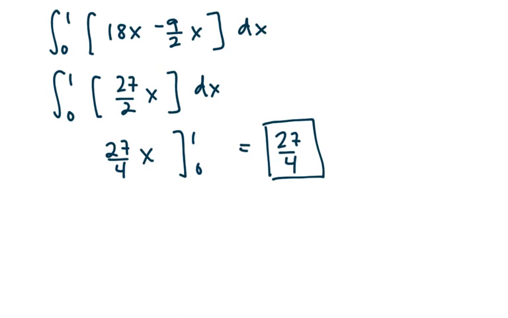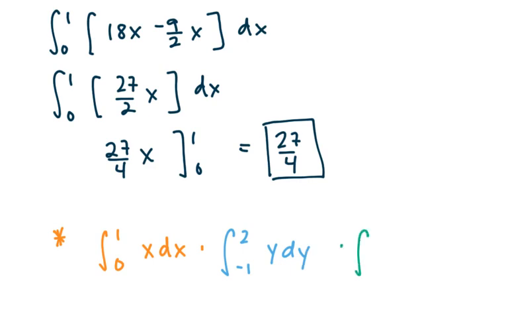We do have a trick we could have used, but this only works where we have these rectangular bounds on all of the sides. So just a shortcut trick, and I think I showed you this in a previous video, but we could have split this up and said 0 to 1 x dx times negative 1 to 2 y dy and times 0 to 3 z squared dz.